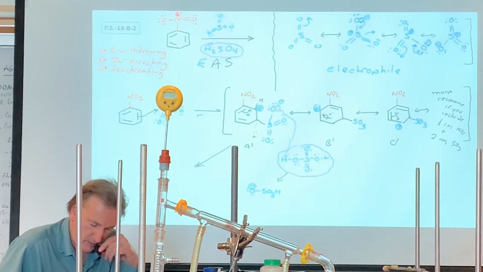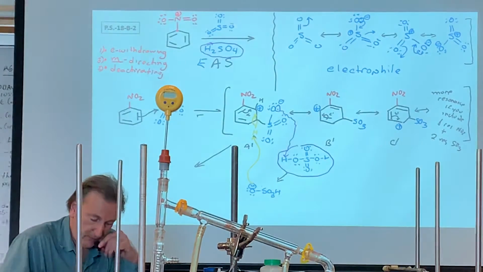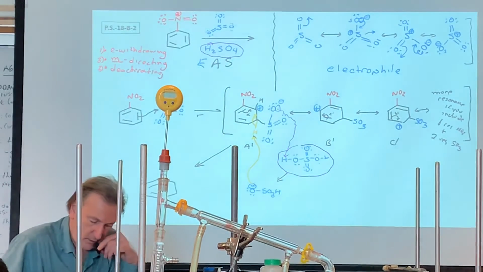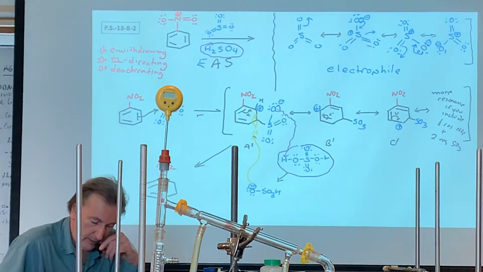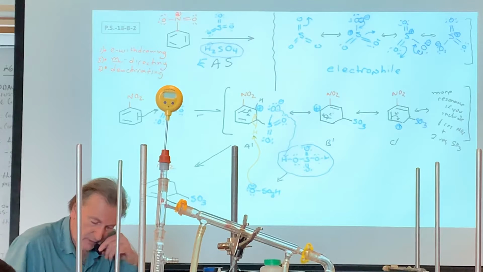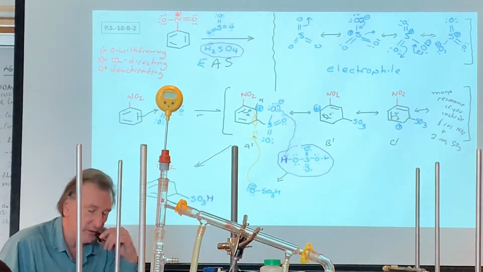Let's do it with a purple arrow. It picks this up, and then of course this collapses. The final product will be like this. It will have the NO2, it will have the SO3H, in purple. I'll write purple on the sulfuric acid, so you can see this purple H I'm writing came from this purple sulfuric acid.